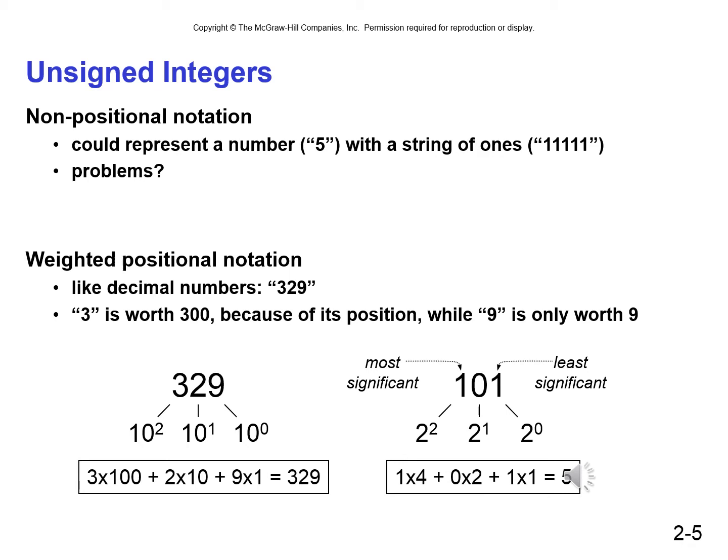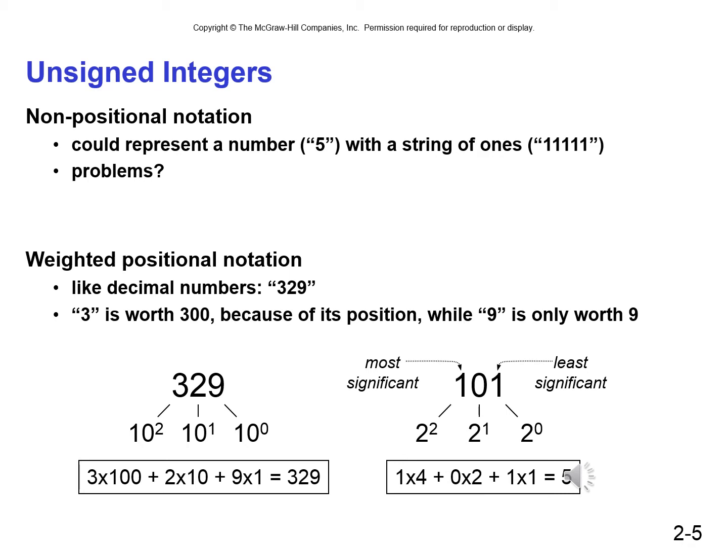So to the right of that, we have a binary number, 101. Its least significant digit or bit is 1 times 2 to the 0. Just like we had 9 times 10 to the 0, but this is a base 2 number. So we've got 1 times 2 to the 0, which is anything to the 0 is 1.